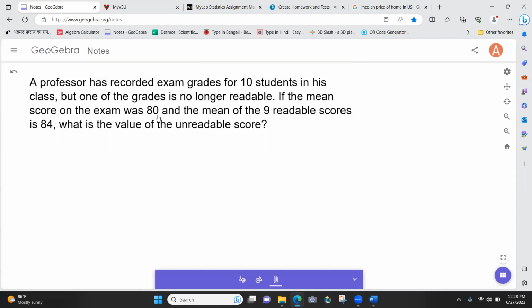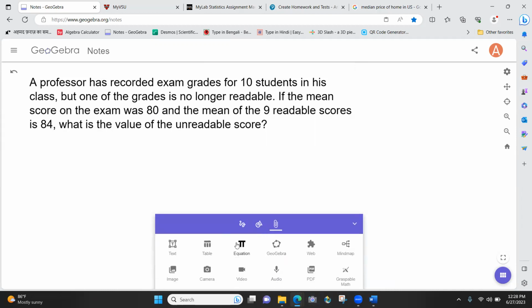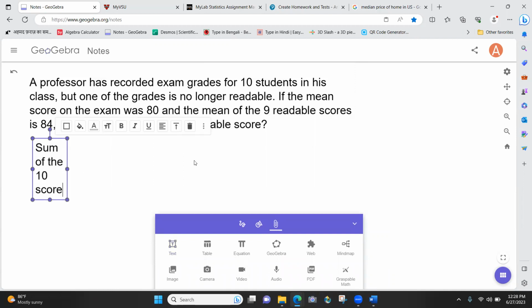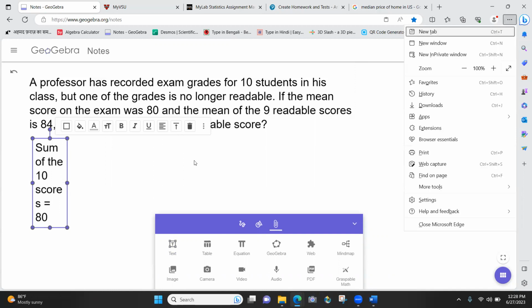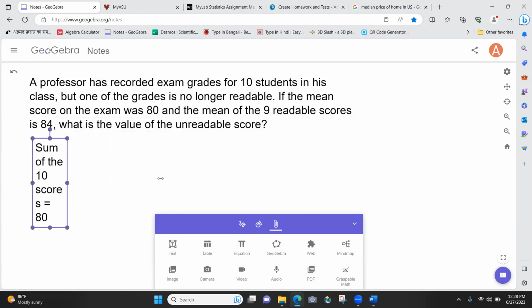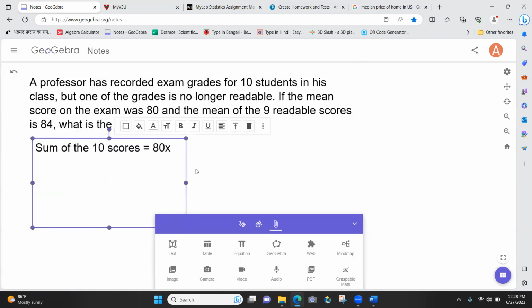If you multiply 80 by 10, you're going to get the sum of the 10 scores. So since we did a problem somewhat like this, the sum of the 10 scores must equal 80 times 10, or 800.